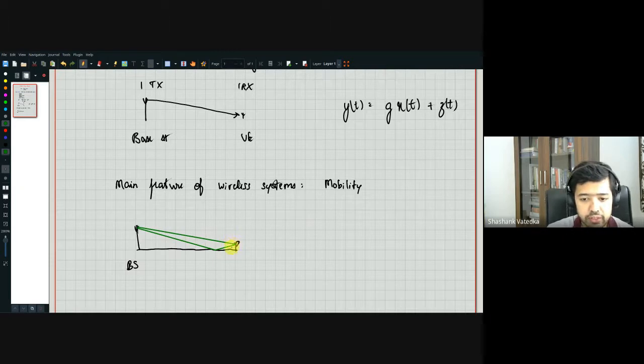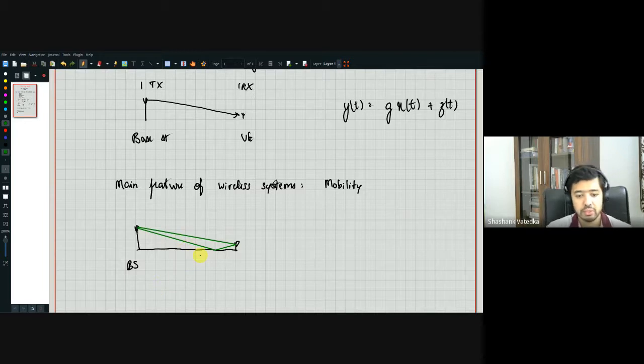So effectively, even in this very simplistic model, where you have no other reflectors around you, in a completely empty space, there is still a component which is reflected off the ground. And depending on where you're located, even if you're stationary, this reflected component can potentially significantly degrade the signal from the transmitter to the receiver.